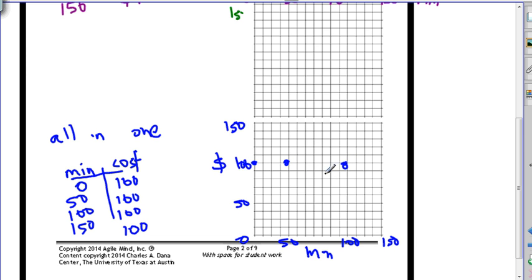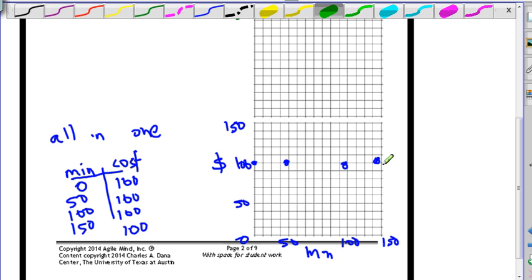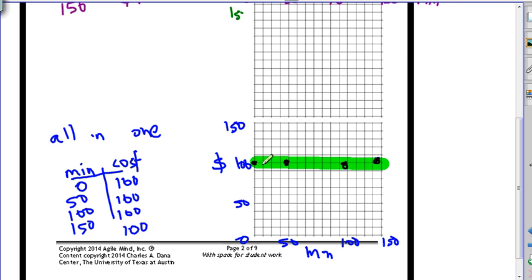What's happening with my straight line? 150? It's going pretty much right across. This tells me that my concept of proportionality is really messed up. So this is really weird right here, okay?